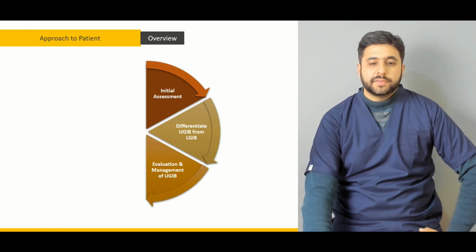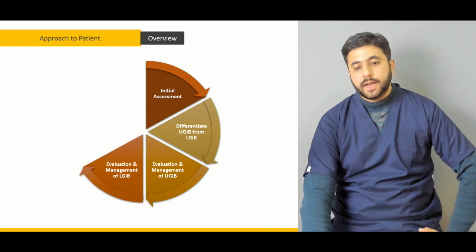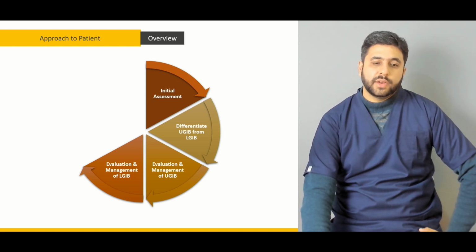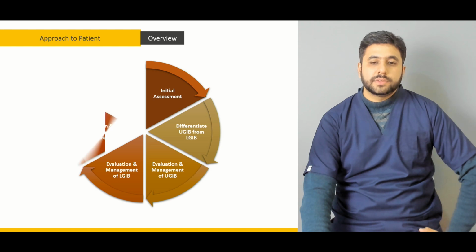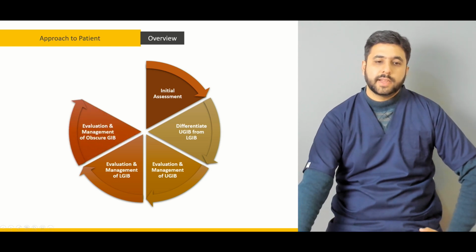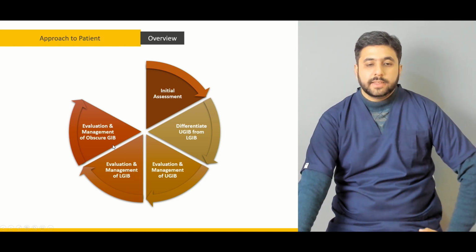Now, similarly, if we have identified that this is an upper GI bleed, then we are going to evaluate it and manage it. Or if we have identified the cause as a lower GI bleed, then we are going to evaluate and manage it in certain ways. This is an overview, and we are going to discuss all of these in the coming slides. And if we are unable to find a source of bleeding, then we classify that as an obscure GI bleeding.